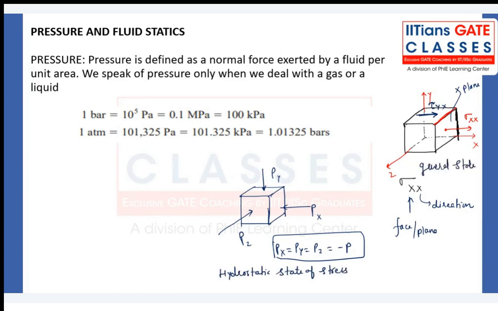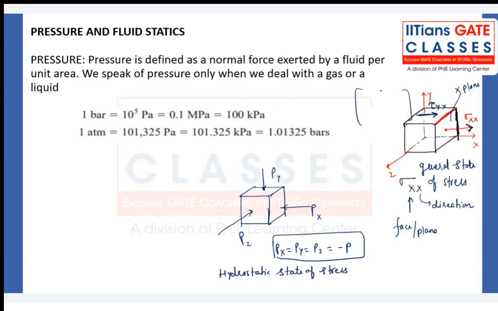Right? This is a general state of stress condition. We will talk about it in strength of materials. As of now, we are dealing with some basic understanding. I just showed you two components of the stresses, but actually there is a matrix. There will be totally nine components. In that, six components are independent and three components are equal.